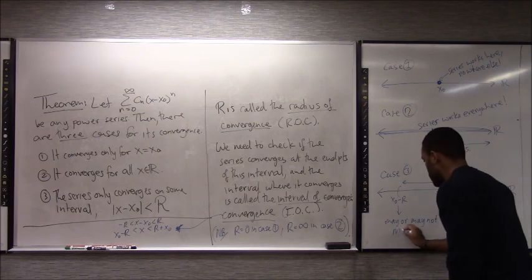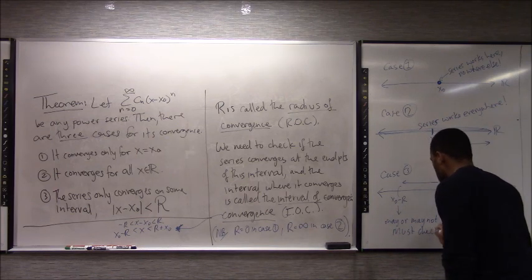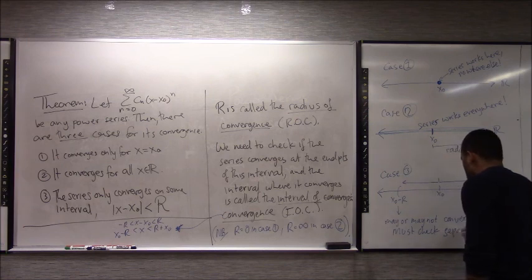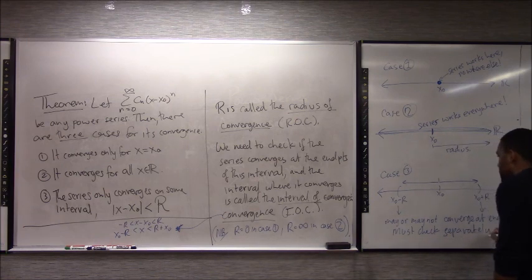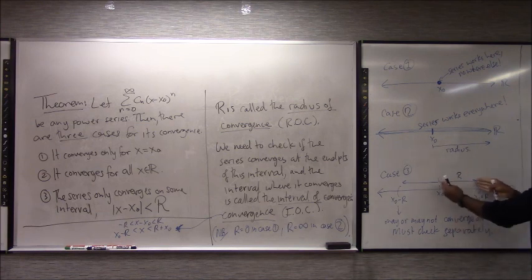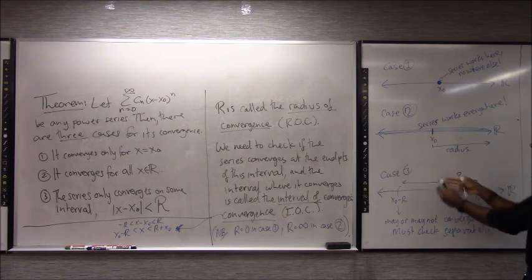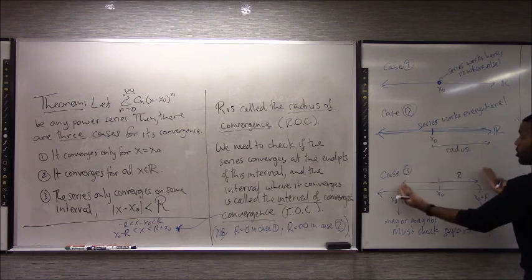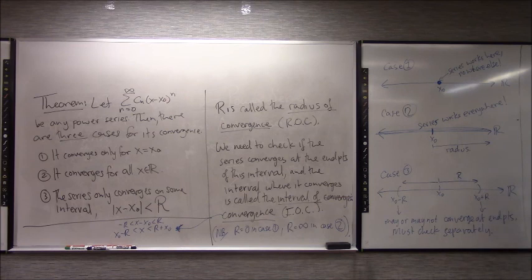That's checked separately. And so this is the distance r, right? From the center, how far can you move to the left or the right? Turns out there will always be a symmetric interval in which it converges.